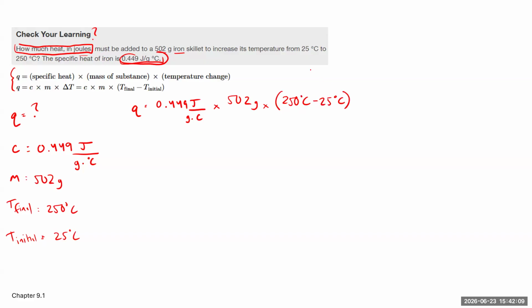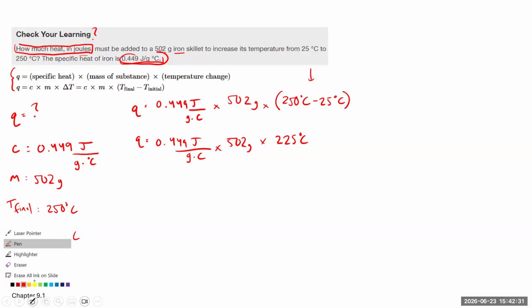All right, I'm going to do stuff. Remember PEMDAS: parentheses, exponents, multiplication, division, addition, subtraction. So let's do this one first. I'm just going to transfer these numbers over so we don't get lost. Grams Celsius times 502 grams. 250 minus 25 is going to be 225 degrees Celsius.